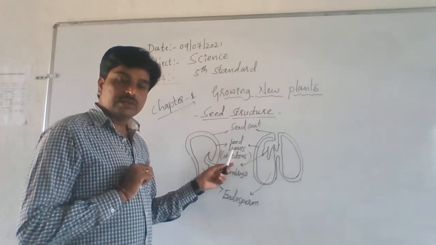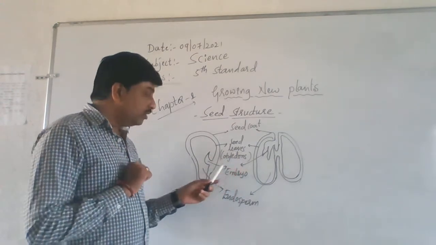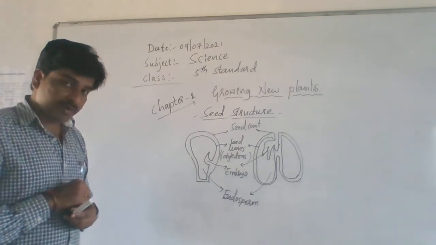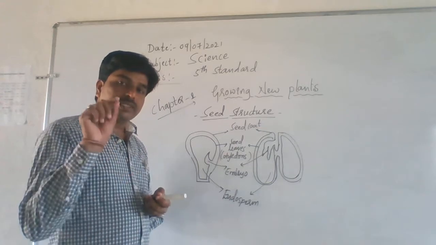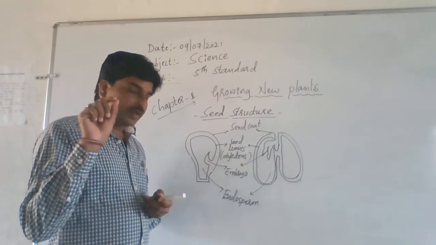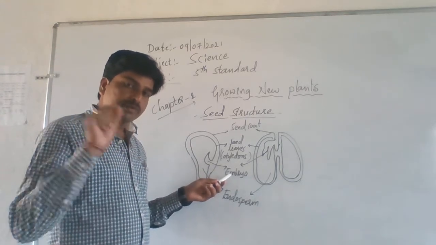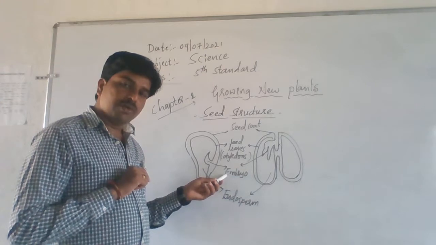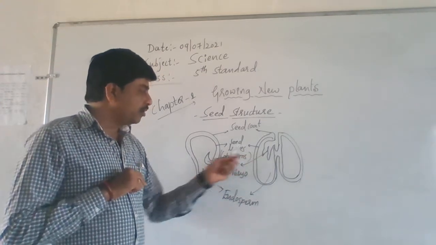Understand? The third important part is that inside the seed we see the baby plant. That we call the embryo. From this embryo the baby plant will be produced. Understand? This is the embryo.